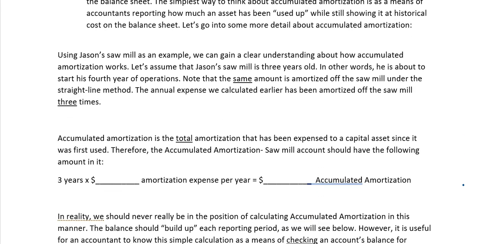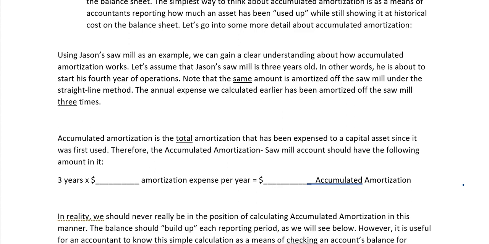Using Jason's sawmill as an example, we can gain a clear understanding of how accumulated amortization works. Let's assume that Jason's sawmill is 3 years old. In other words, he is about to start his 4th year of operations. Note that the same amount is amortized off the sawmill each year under the straight line method.